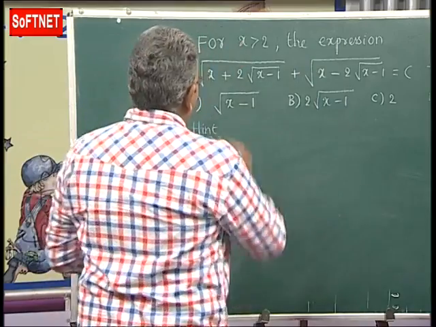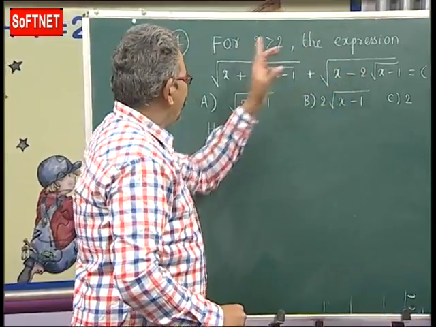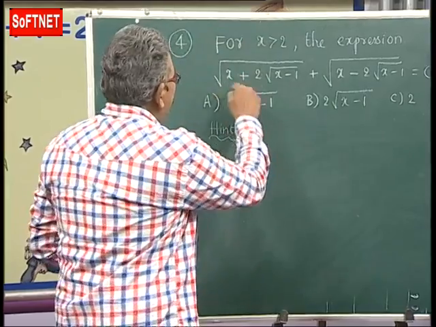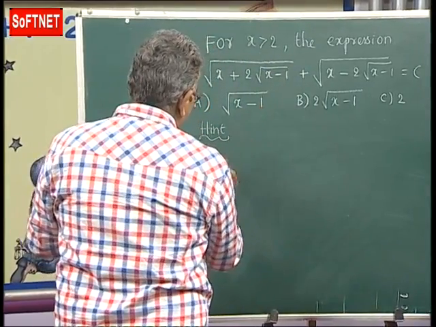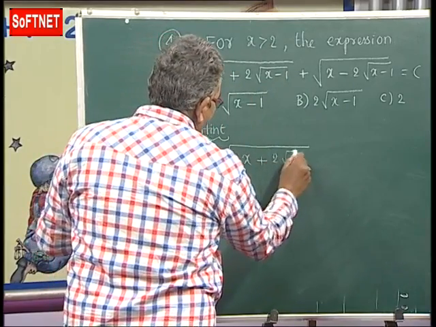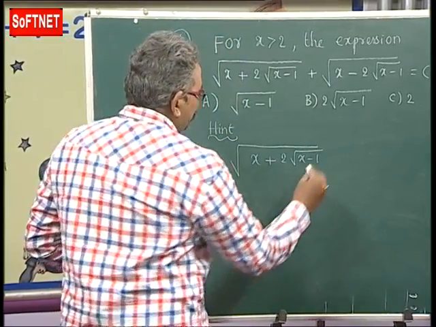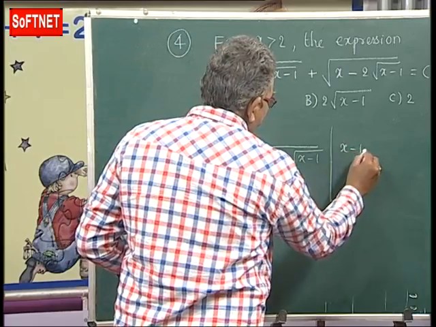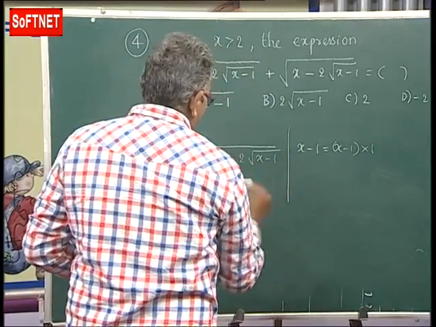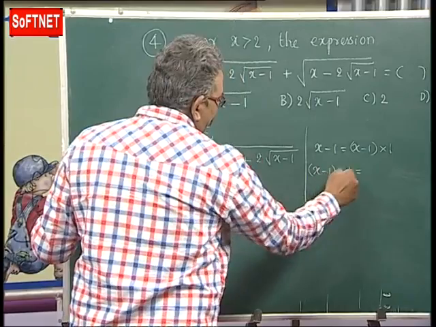First, let us find the square root of x plus 2 root of x minus 1. This will be the conjugate of the other one. Here x minus 1 can be written as x minus 1 into 1. Now add x minus 1 plus 1; 1 gets cancelled and you get x.